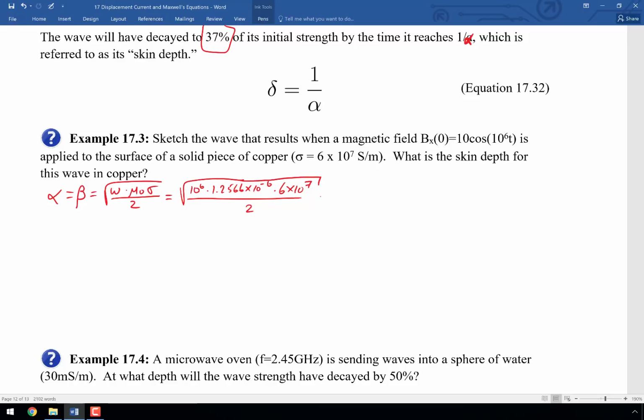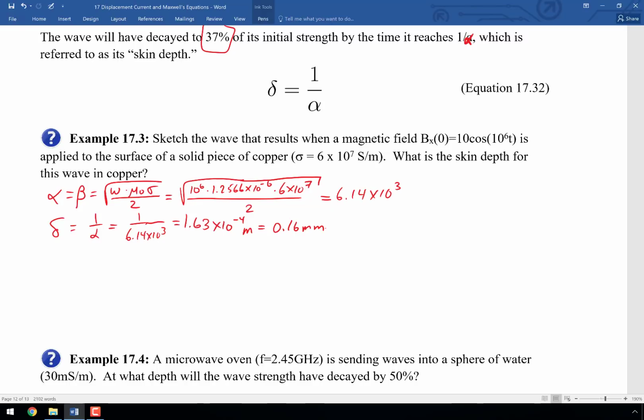And when we do that calculation, we find that it is equal to 6.14 times 10 to the 3rd. And the skin depth then is 1 over alpha, which is 1 over 6.14 times 10 to the 3rd, which turns out to be 1.63 times 10 to the minus 4th meters, which is about 0.16 millimeters.